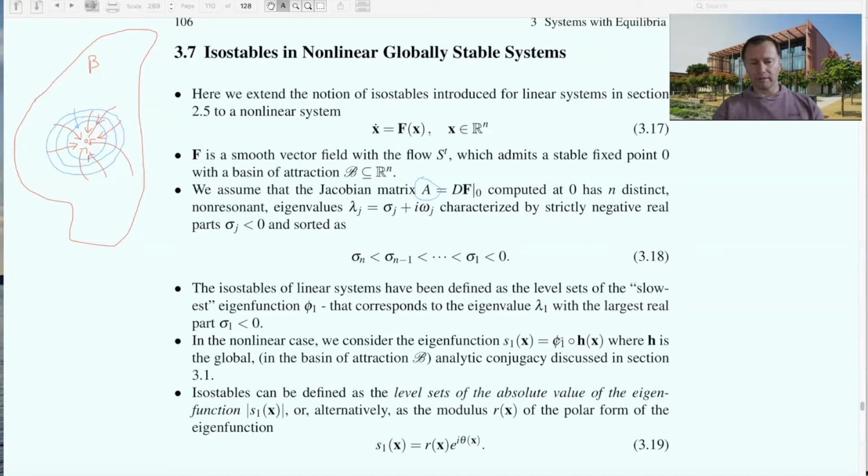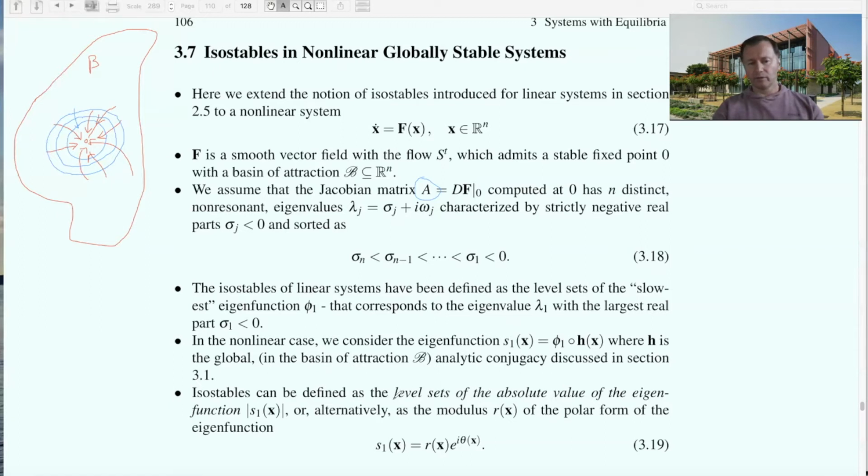And phi_1 is the eigenfunction of the linear system associated to our nonlinear system by conjugacy. So that linear system is going to be driven by this matrix A. And phi_1 composed with H, where H is the conjugacy, is the eigenfunction S_1.